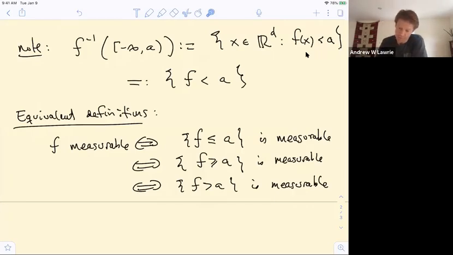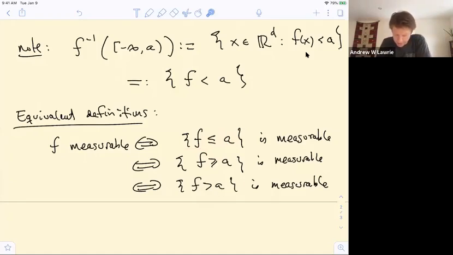So this formulation is equivalent to this formulation of measurability. But then this formulation, and then you can argue similarly to obtain these other two equivalent definitions as well.